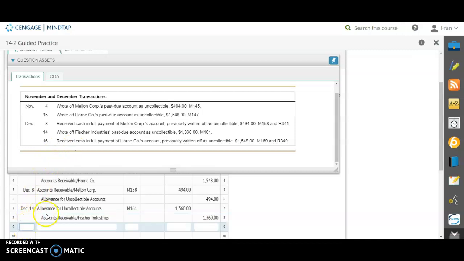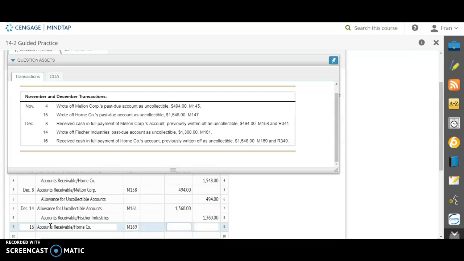All right, so on the 16th, we have another one of these things where Horn Company reopens, and the first thing we're going to do is we have to reopen their account. And to reopen their account, we have to do the exact opposite of what we did when we closed their account. That means we're going to go and type in accounts receivable, Horn Company, and that is M169.